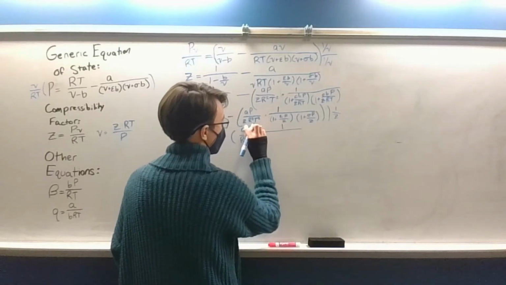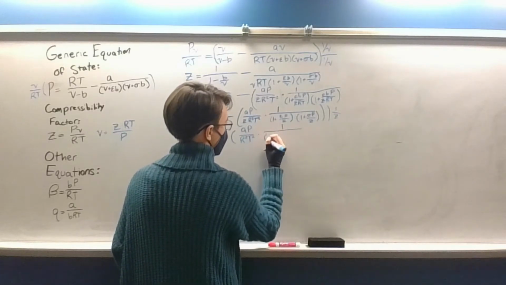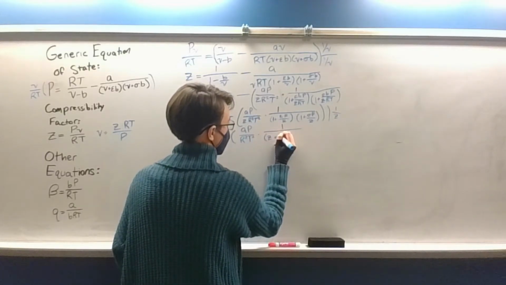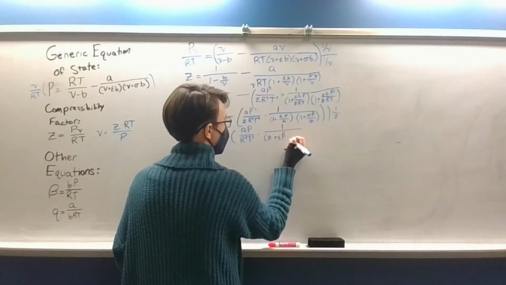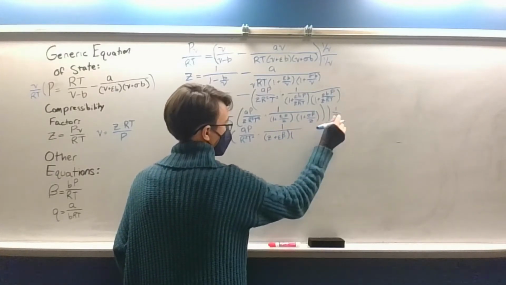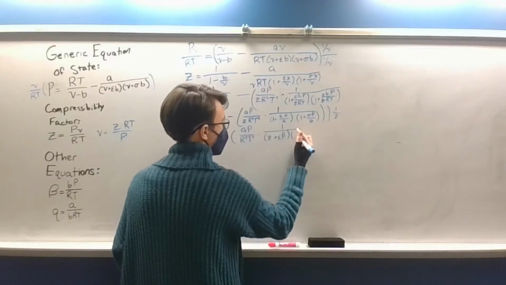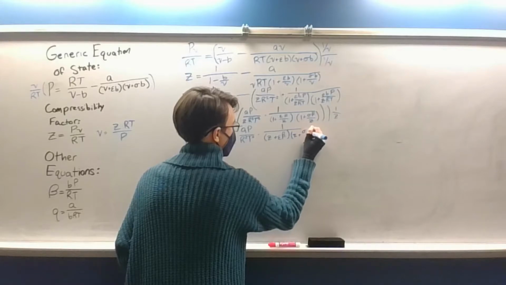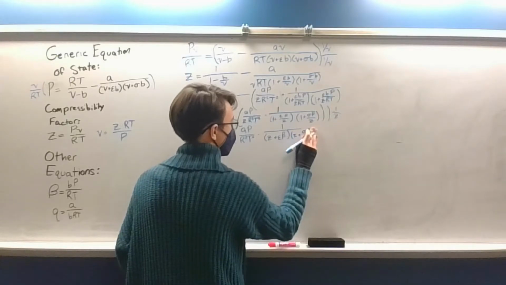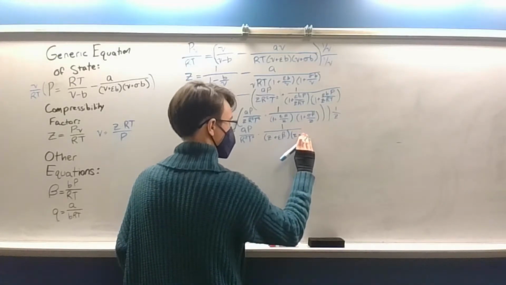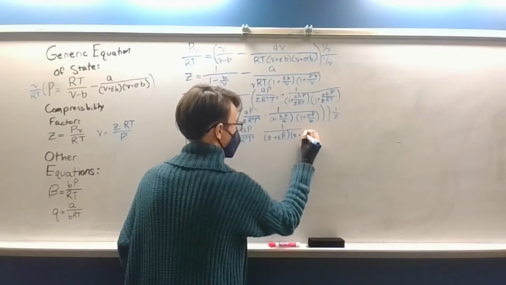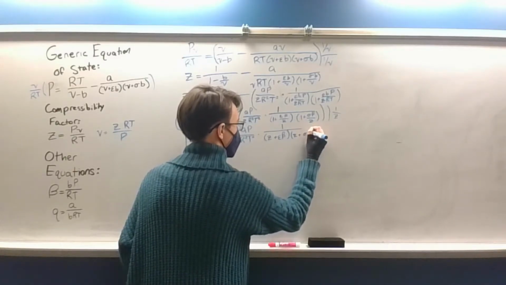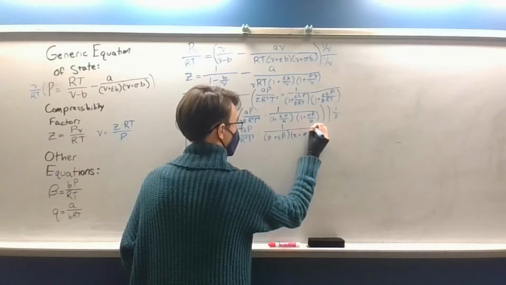So we'll have this Z times that, so we'll get Z plus sigma times beta, and then we'll take this Z times that, so we'll get compressibility factor plus sigma times beta. All right.